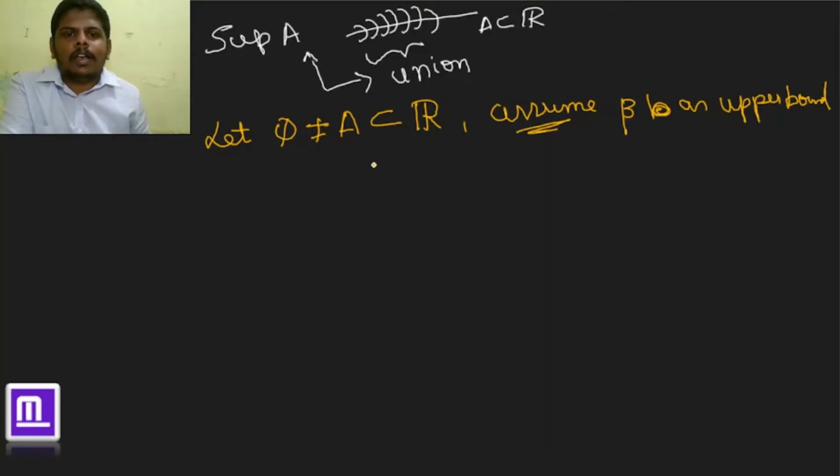Because we don't know whether every subset of R has an upper bound. This need not be true. So we are taking the case of a subset of R which has an upper bound. Let A be the subset of R, and assume beta as the upper bound of it.